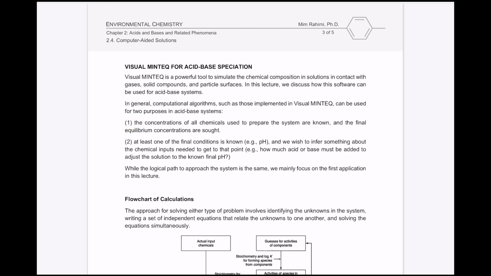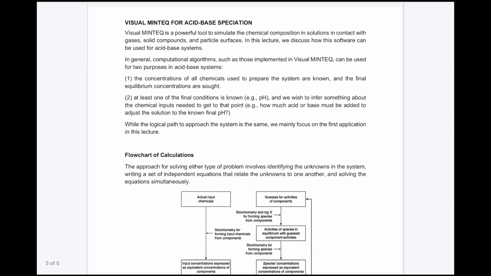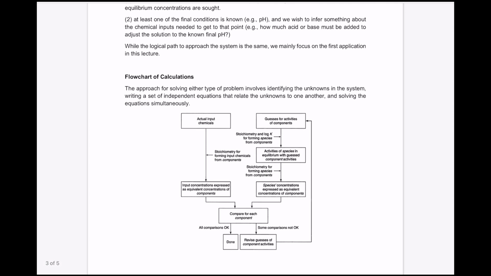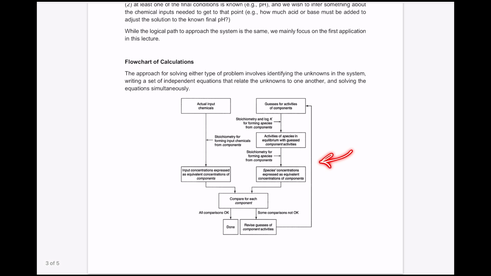Basically we know the composition of all the inputs, and then we're predicting what's going to happen for the output. And when we look at the flow chart, we see what's happening behind the scenes in all the computational algorithms, including Visual MINTEQ.